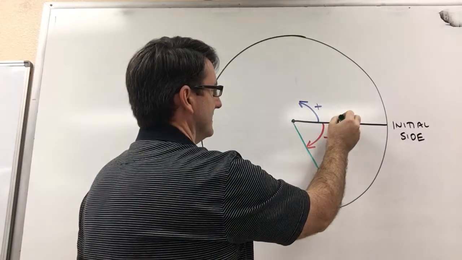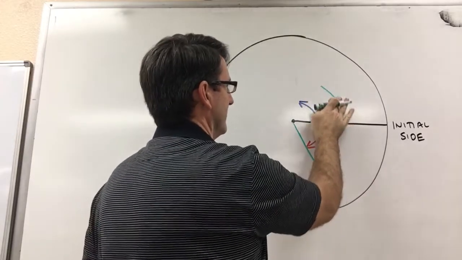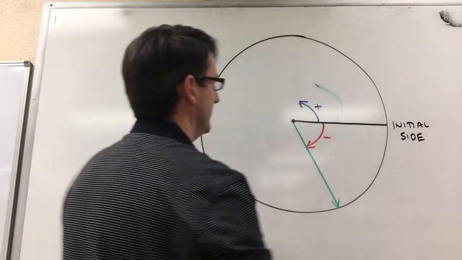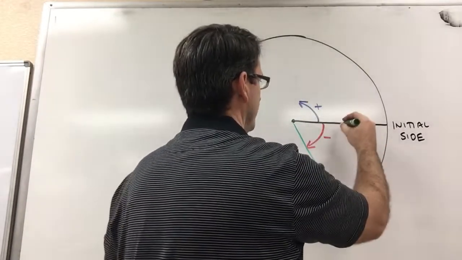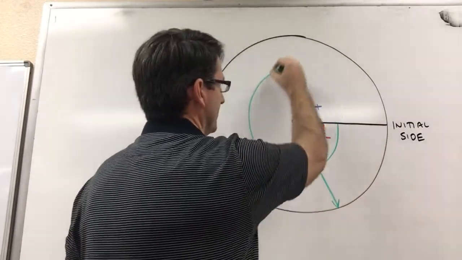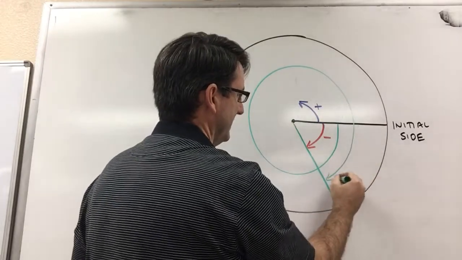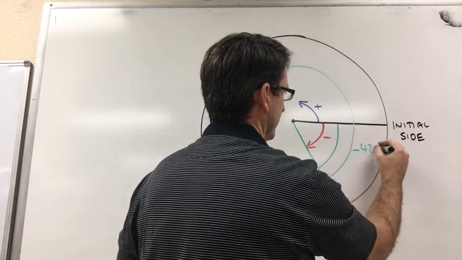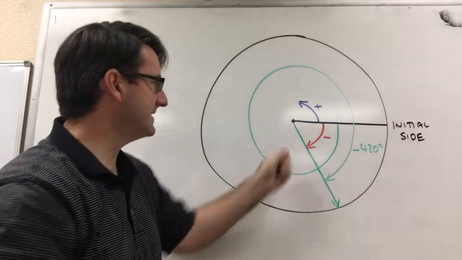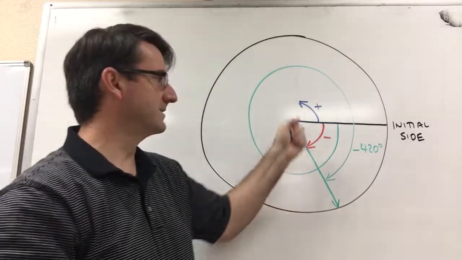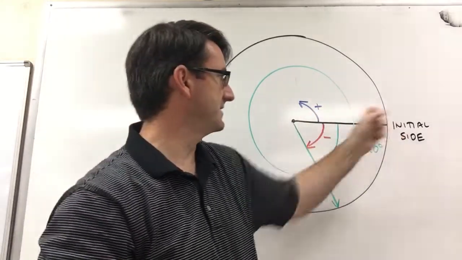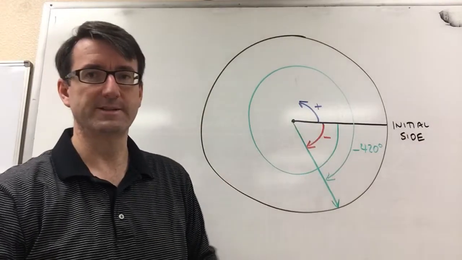And this is negative 420. So we're starting here, we're going all the way around and then back down to here. That's negative 420 degrees. And this side of our angle is called the terminal side. This is the initial side, this is the terminal side.